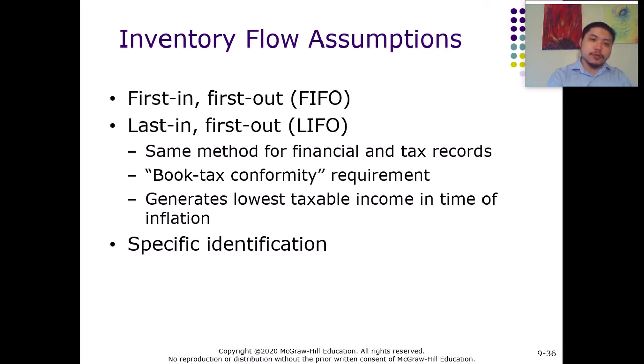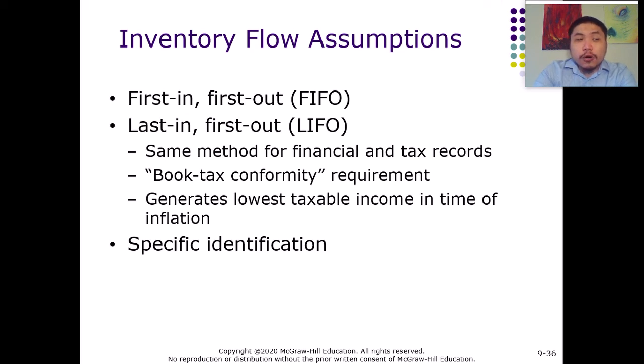Of course, for large production businesses, businesses with a lot of inventories, it's better to apply FIFO or LIFO, because it allows firms to keep track of the inventory without having to go and count individual item inventories.